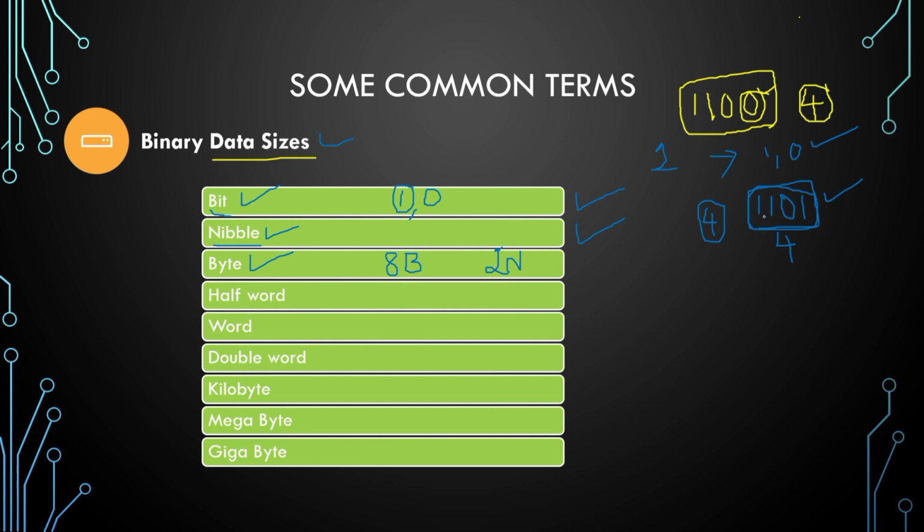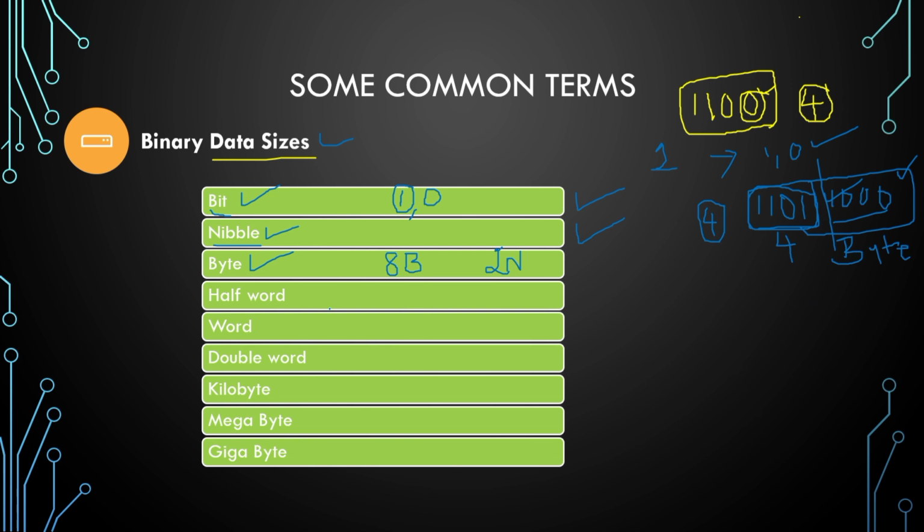So if we have 1101 and 1000, this total will be called a byte because it contains 8 bits, or 8 single digits, or 2 nibbles. 1000 is a nibble and 1101 is also a nibble. So a byte will contain 2 nibbles.